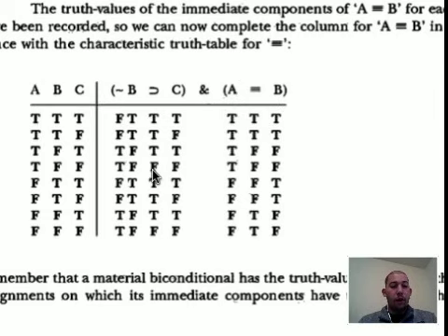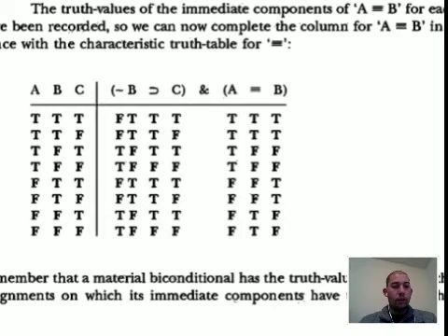The scenarios where the conjunction will get the truth value false are all those scenarios where at least one of these sentences is false. So that will be in these rows, and that will be in this last row as well.